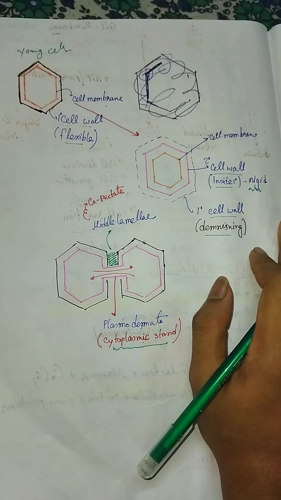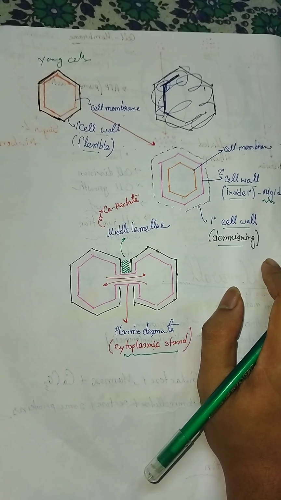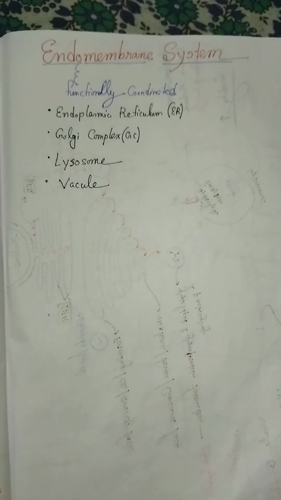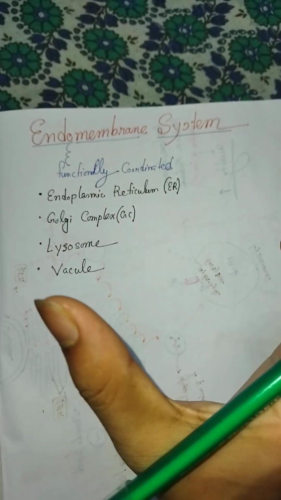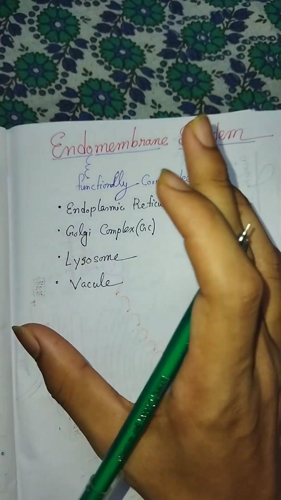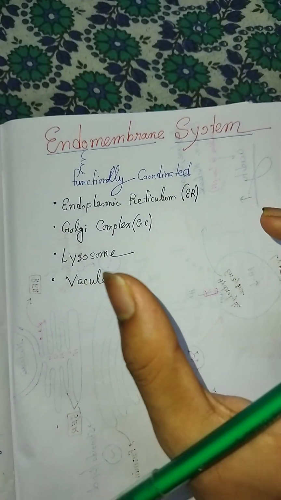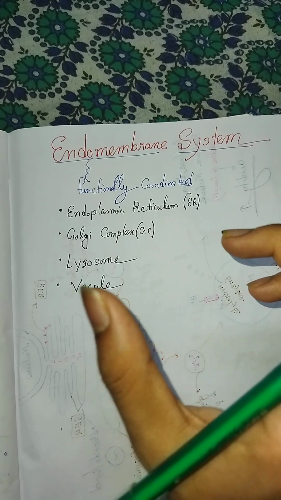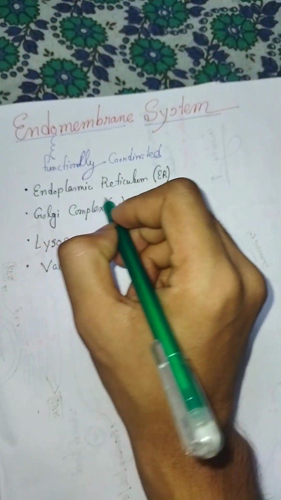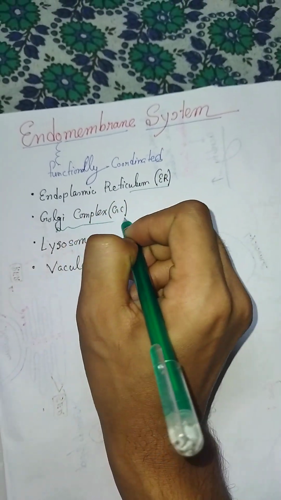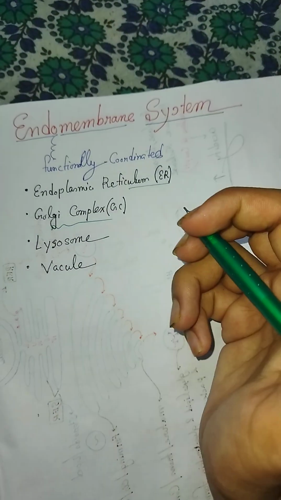Now let's talk about the endomembrane system. Inside the eukaryotic cell, some membranous organelles become functionally coordinated and make up the endomembrane system. This includes the endoplasmic reticulum (ER), Golgi complex, lysosomes and vacuoles.